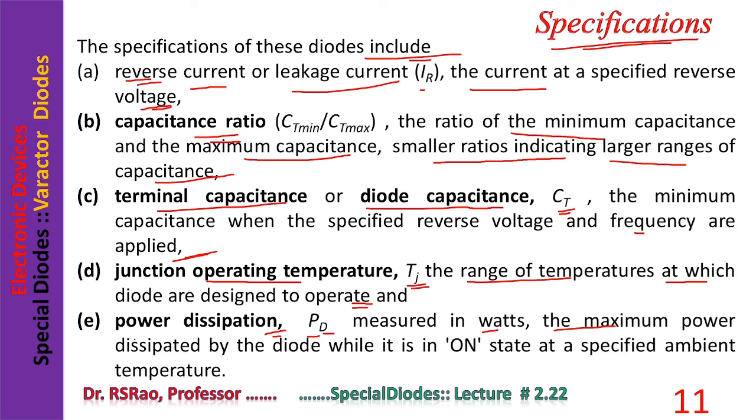The maximum power dissipated by the diode while it is in on state at a specified ambient temperature. The reverse current or leakage current, capacitance ratio, terminal capacitance or diode capacitance, junction operating temperature, power dissipation. These are main or important specifications of these diodes.